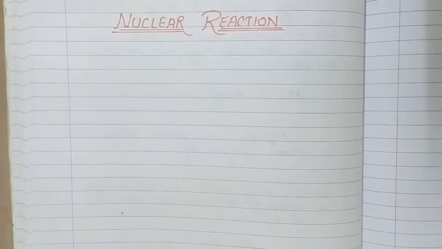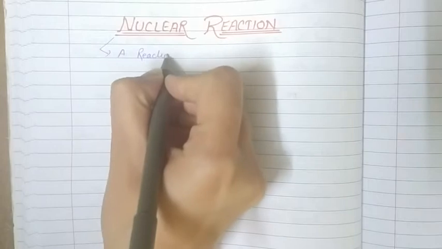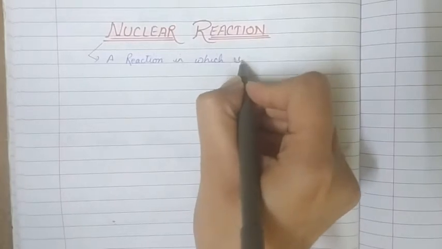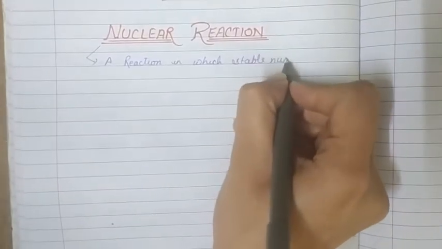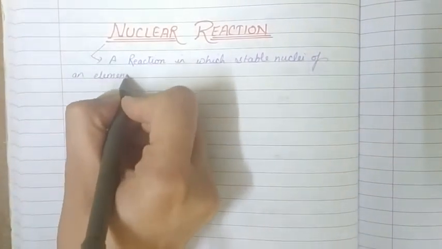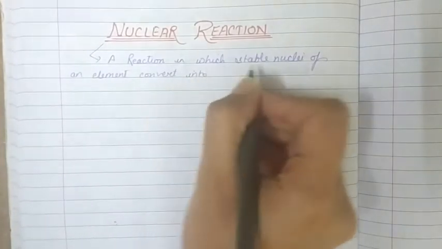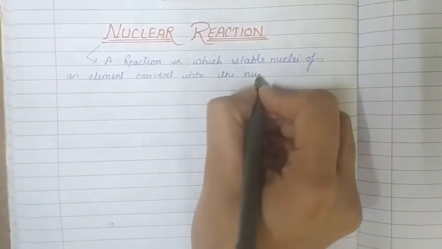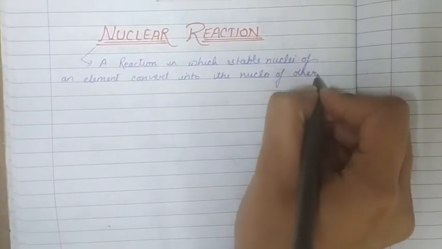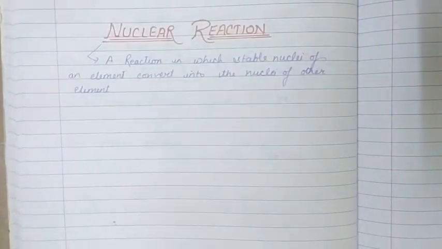So we define nuclear reaction as a reaction in which stable nuclei of an element convert into the nuclei of another element, then such a reaction is called a nuclear reaction.